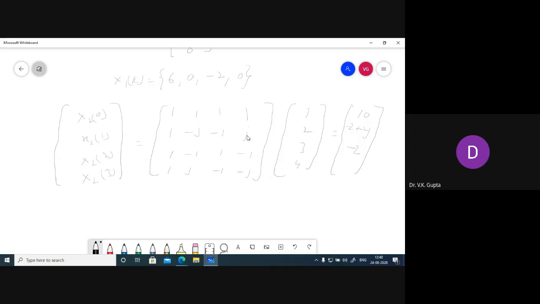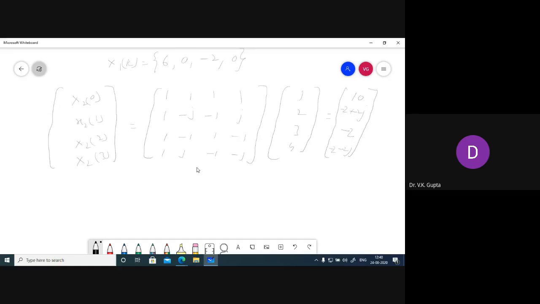And the fourth quantity will be 1 plus 2j minus 3 minus 4j, which is minus 2 minus 2j. So X2(k) will be 10, minus 2 plus 2j, minus 2, minus 2 minus 2j.